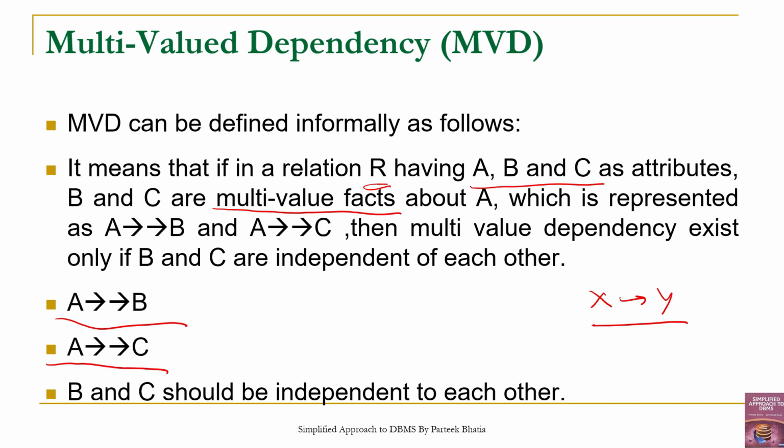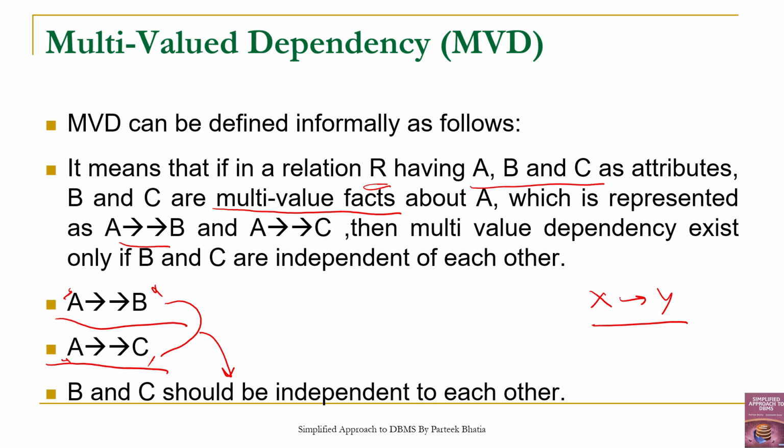But here we are talking about multi-value dependency, and in this the representation is using a double pointer. It means that for A, there are multiple values of B, and for A, there are multiple values of C, and if B and C are independent of each other, then we have a case of multi-value dependency.